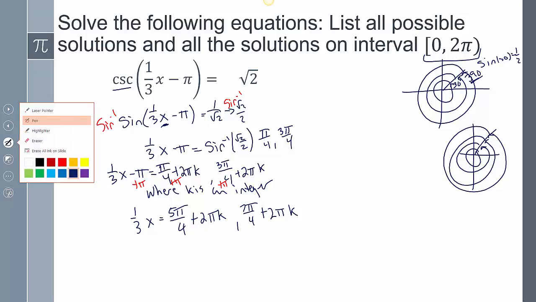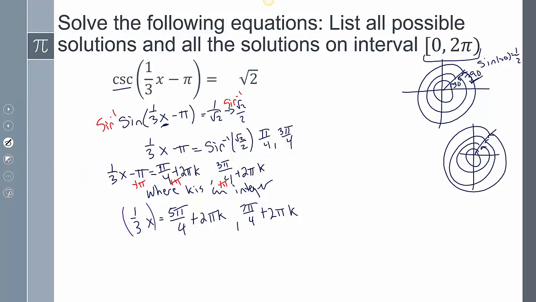Then to get that 1/3 by itself, I need to multiply everything by 3. And so I'm going to get x equals 15 pi fourths plus, sorry, this would be 6 pi k, and this is going to be 21 pi fourths plus 6 pi k. So I distributed that 3 with everything.